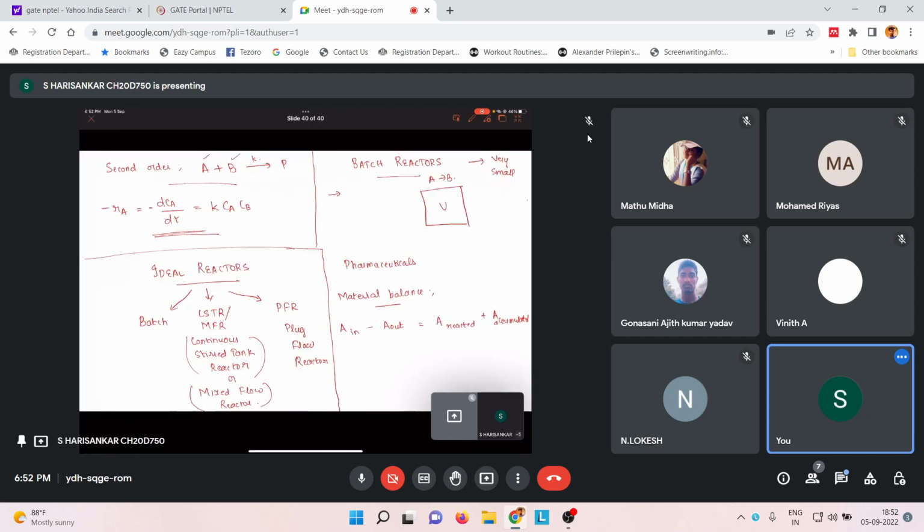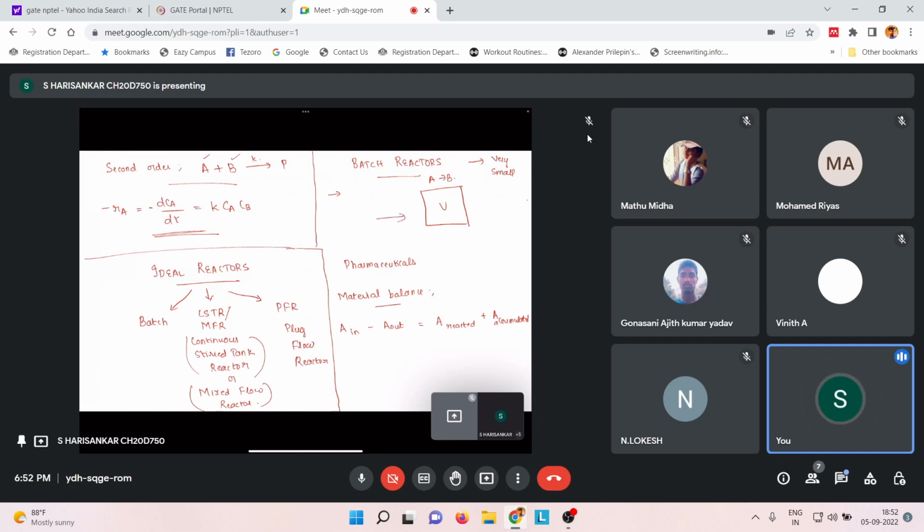The concept with a batch reactor is that when the reaction happens, there is no A coming inside this system, and no A going out of this system, because it is a batch reaction. Once you start the reaction, there is no more feed going inside the reactor and no more product coming out. So A in will be 0 and A out will also be 0.